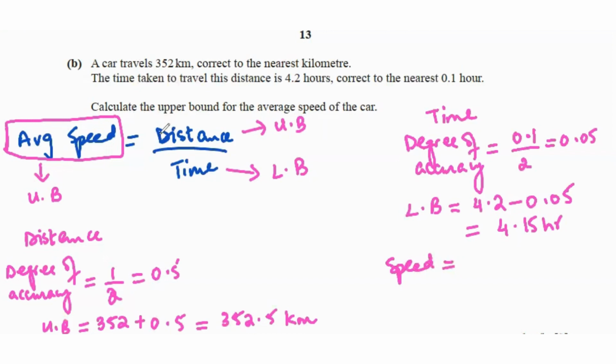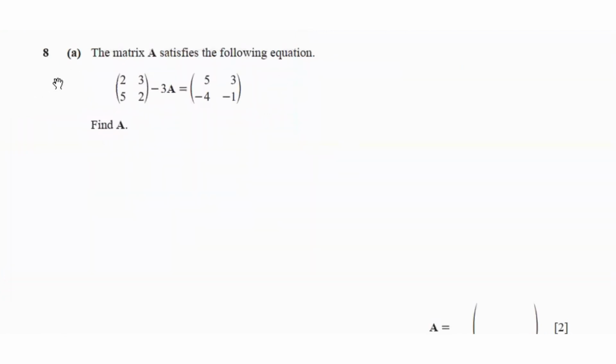So now your upper bound for the average speed is going to be 352.5 divided by 4.15, which will give us 84.9 kilometers per hour.